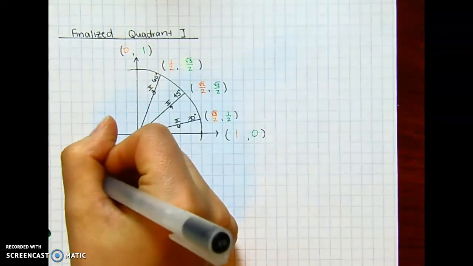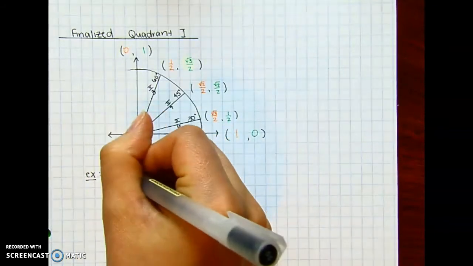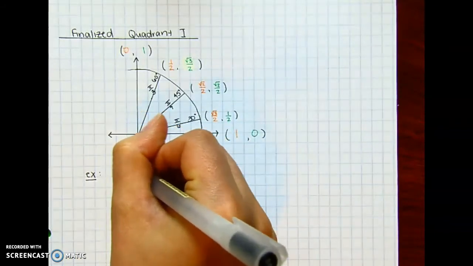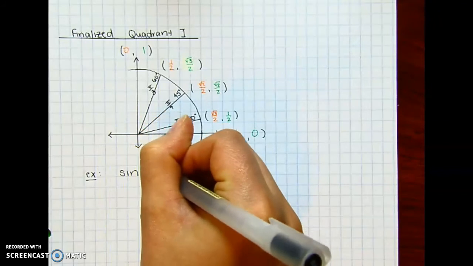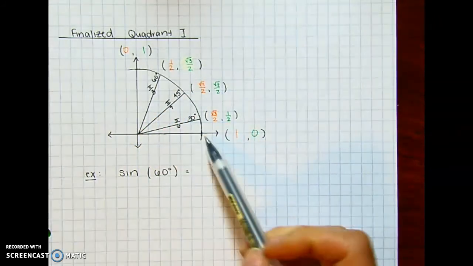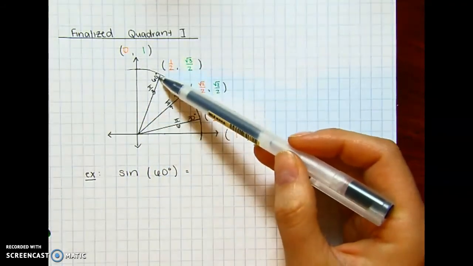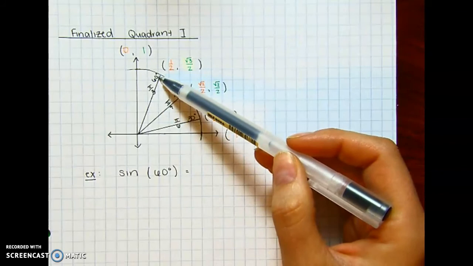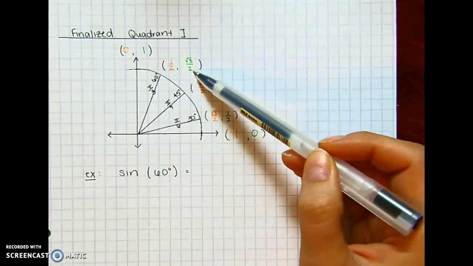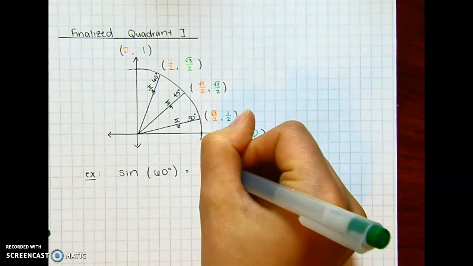So, examples of how to use it. I could now ask, what is sine of 60 degrees? You're going to think, okay, in the first quadrant, I'm going to go to my 60-degree angle, and sine is the y value. So our answer is root 3 over 2.